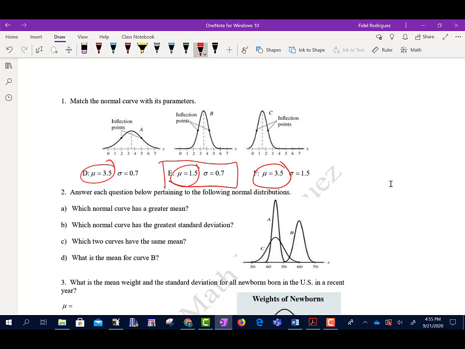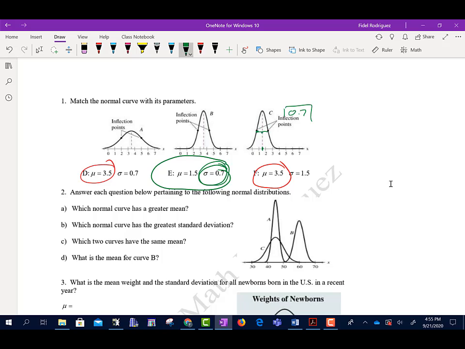Let's do this one first. Which one of these graphs, A, B, C, would be matched up with this part here? Well, it looks like this one would, right? Because here is 1.5. Now look at my standard deviation. It's 0.7, so that's telling me that the distance between here and here is going to be 0.7.